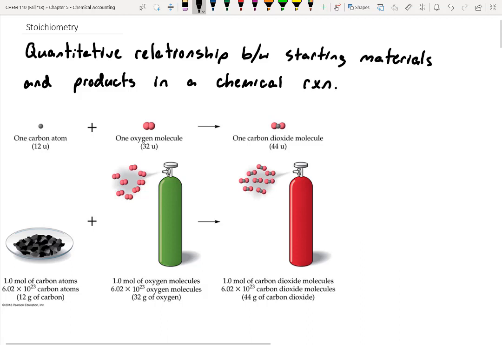So, for example, in this picture here, we've got one carbon atom reacting with one oxygen molecule to give you one carbon dioxide molecule. However, normally when we're doing chemical reactions, we're not just doing it with one individual molecule, right? We're doing it with billions or trillions or even more than that. So down below it says, all right, this same ratio is going to hold true even if you're using 1 mole of carbon atoms, right?